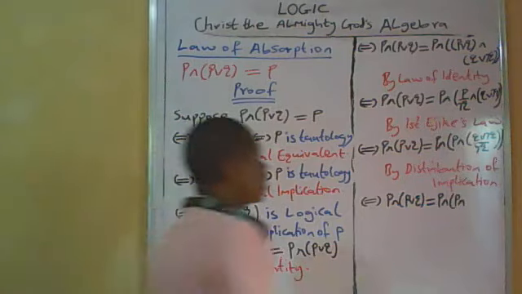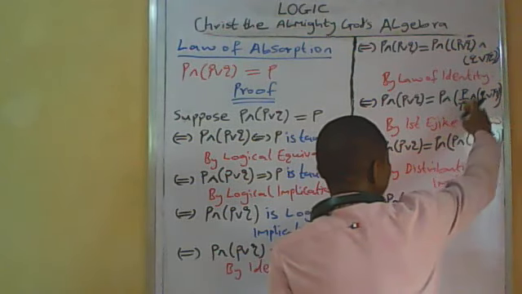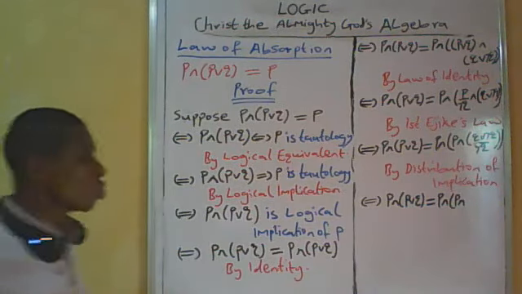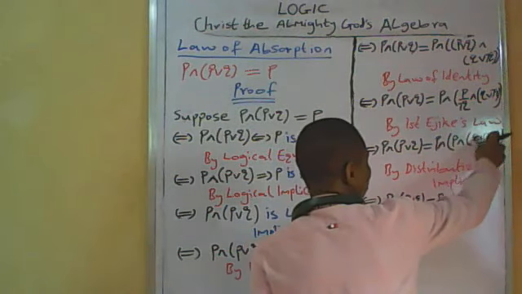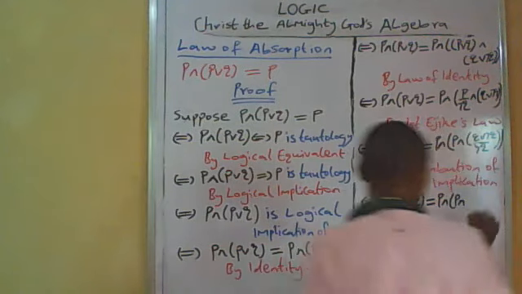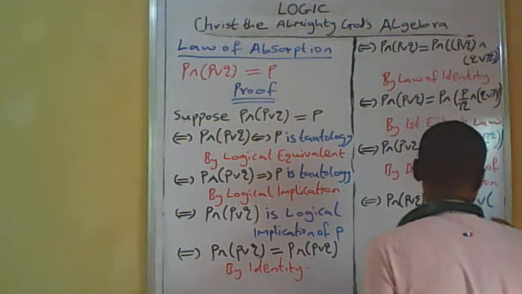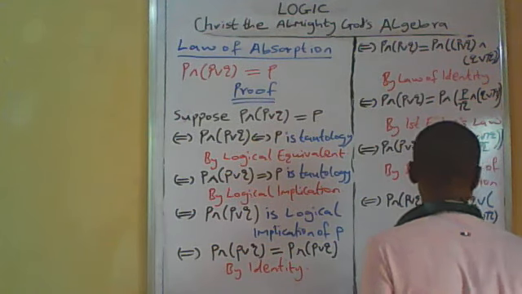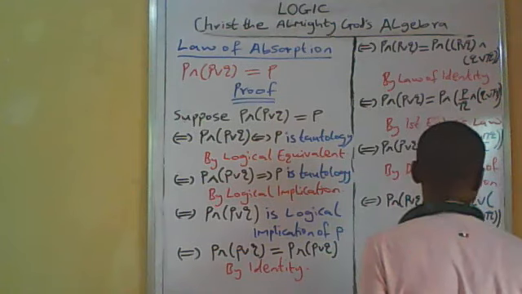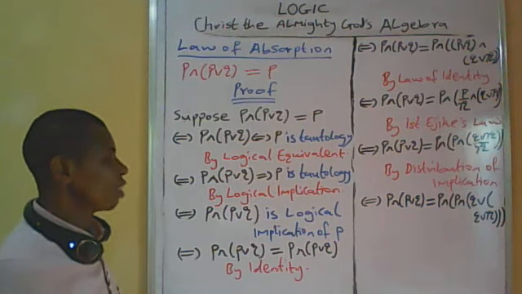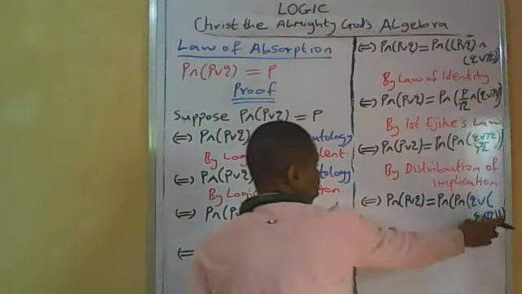The reason is that this implication, not Q, was generated from the disjunctive statement P or Q. So now we revise this conditional statement to a disjunctive statement.